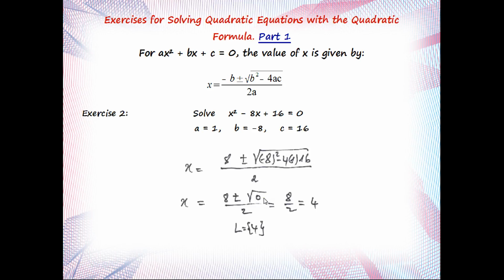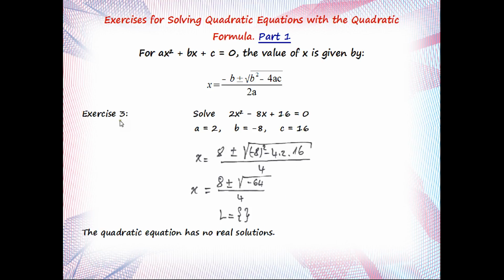So the square root of 0, all of that over 2. The square root of 0 equals 0. So this is equal to 8 over 2, and 8 over 2 equals 4. So we get x equals 4. The solution set has an element, 4.